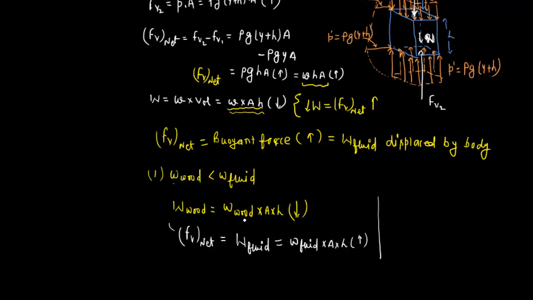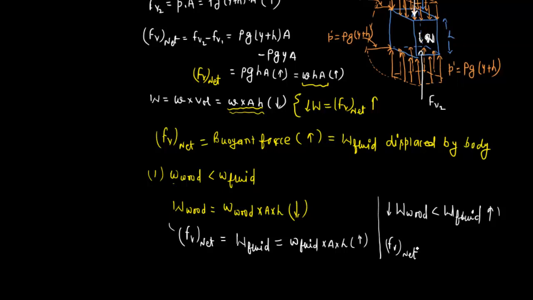So this is the upward force, this is the downward force, and the upward force is more than the downward force. So what is the net upward force acting? We can say that there is FV net.